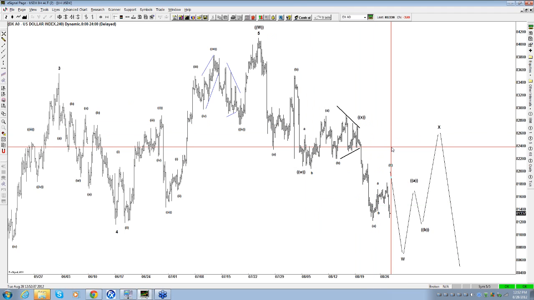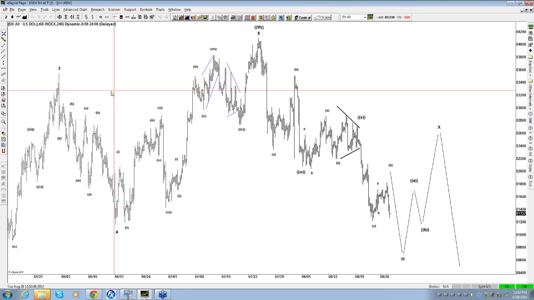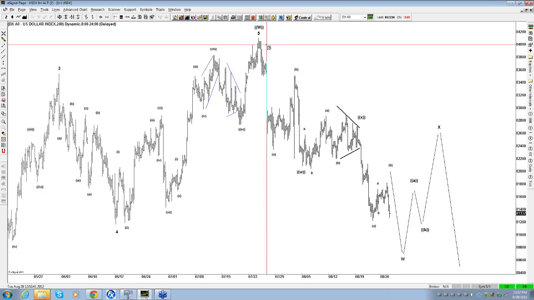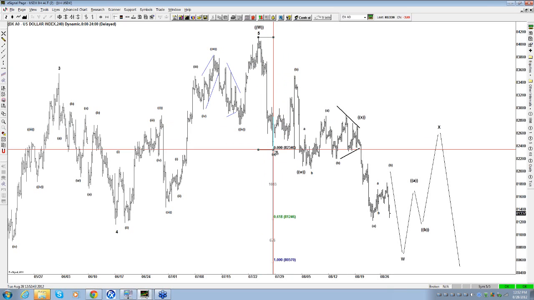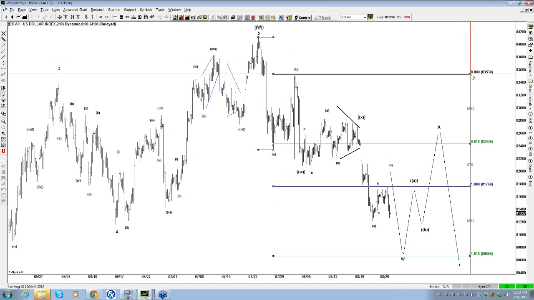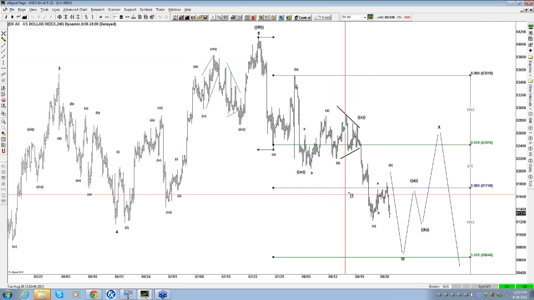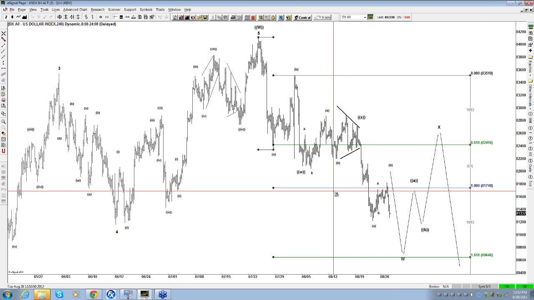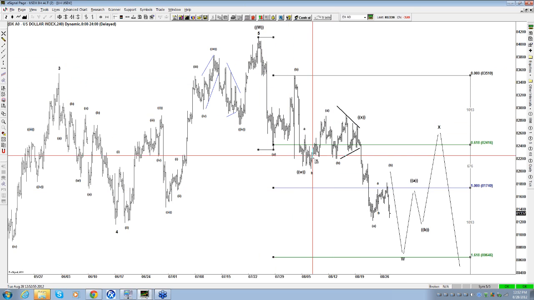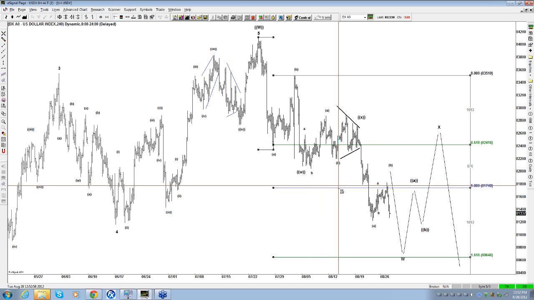One of the reasons that we said it last week is because if you measure the first swing with the second swing, it didn't even reach the equal legs. That's always bothered me when the new trend does not reach the 618, the equal legs.